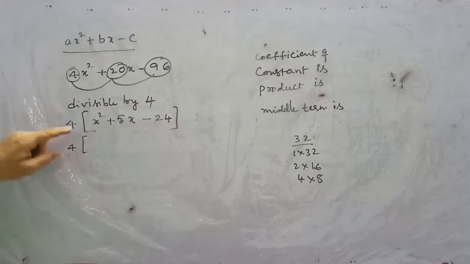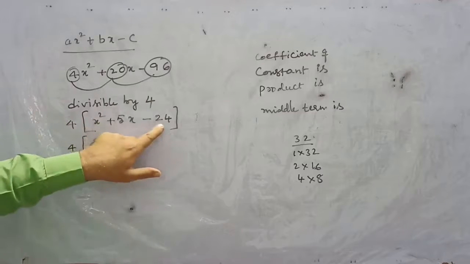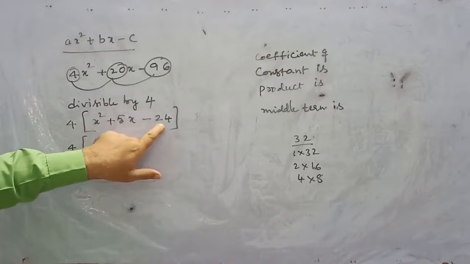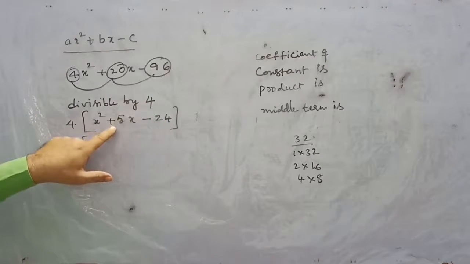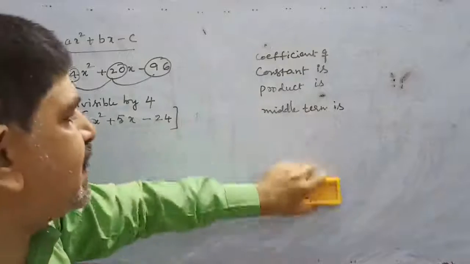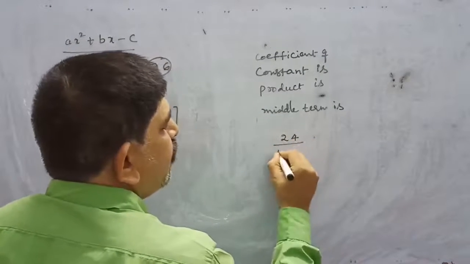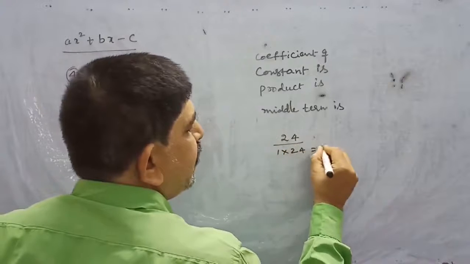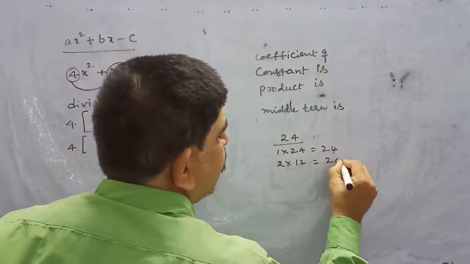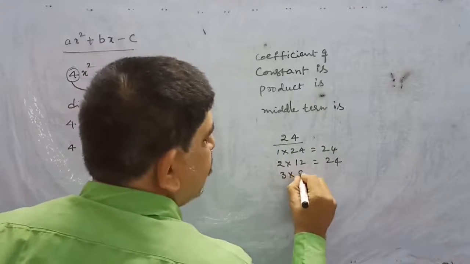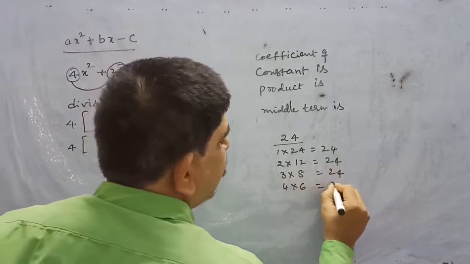First, the coefficient of x square is 1, the constant is minus 24, product minus 24, middle term 5x. So what are the factors of 24? Factors of 24 are 1 into 24 is 24, 2 into 12 is 24, 3 into 8 is 24, 4 into 6 is 24.